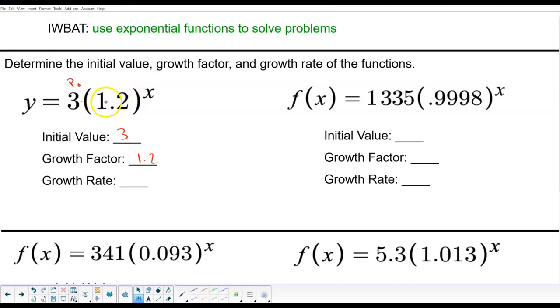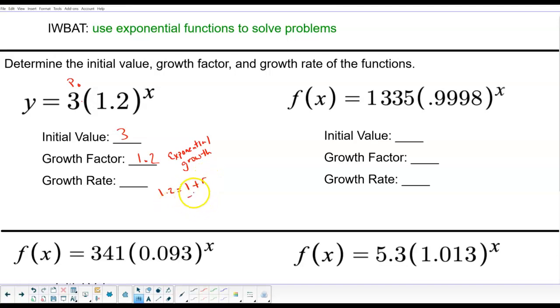Notice, that's above 1. Because we have a growth factor greater than 1, that tells me this function is going to be an exponential growth. So we know our quantity is growing because we're getting larger each time. The quick way to find the growth rate is to take the growth factor and ask, where did that come from? That came from 1 plus the R value.